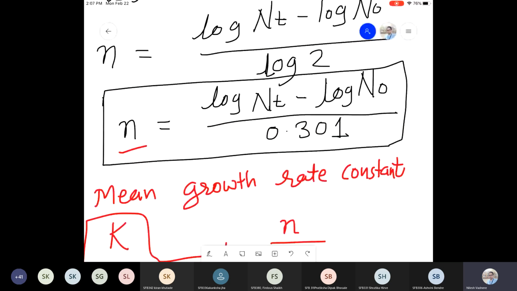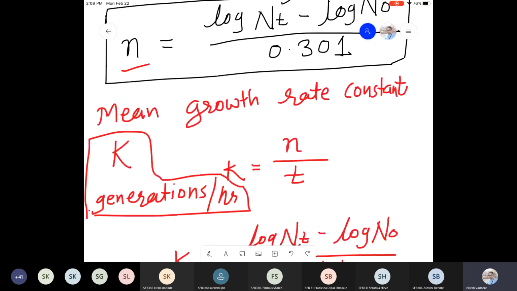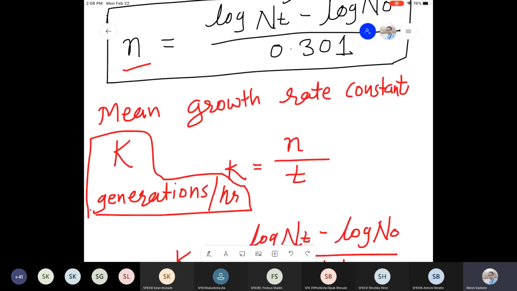Number of generations is equal to log of nt, that is the log of total number of cells after incubation time t, minus log of n0, that is the initial number of cells, divided by 0.301. And thereafter we derived the equation for mean growth rate constant. So this mean growth rate constant is always represented as the number of generations per hour.